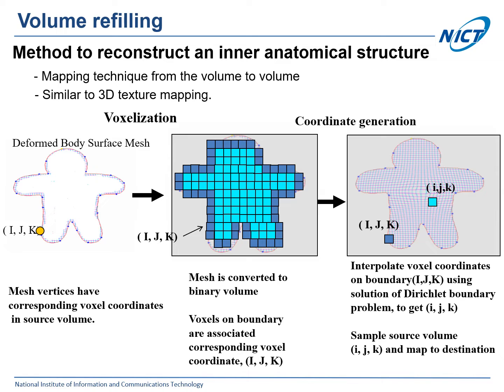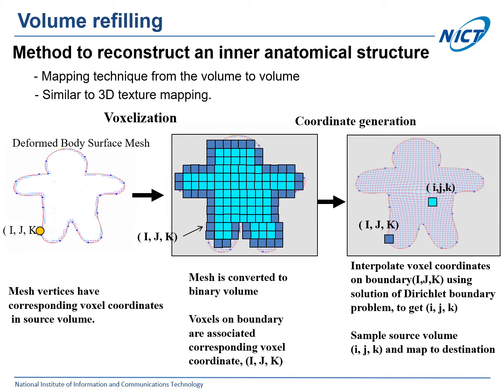Therefore, as shown in the middle figure, we convert the mesh to a binary volume by voxelizing. And a homogeneous voxel model is constructed, because the voxels on the boundary of the model come from the surface points of the mesh. We can interpolate the voxel coordinate for all the boundary voxels.